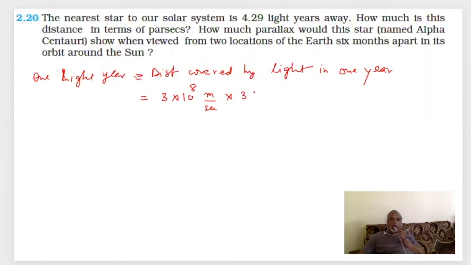Those will be 365 into 24 into 3600 seconds. So whatever answer comes after calculation is equal to 1 light year in meters. Correct?